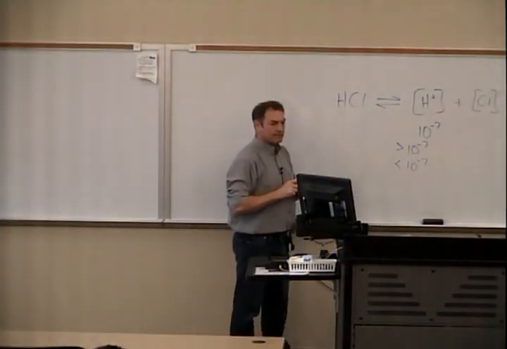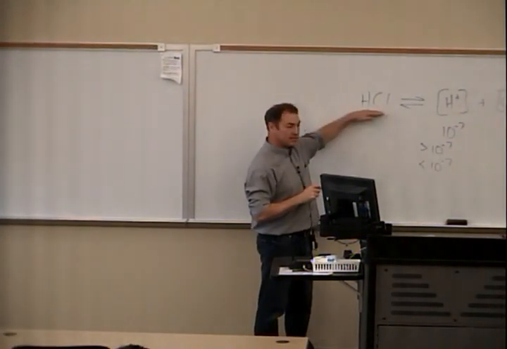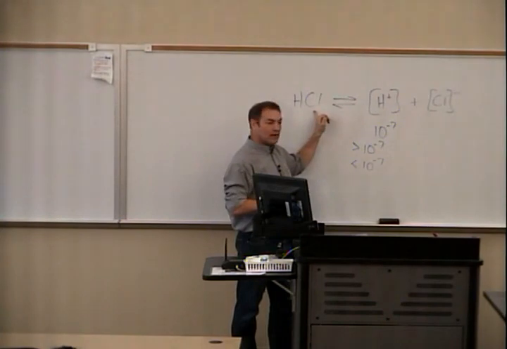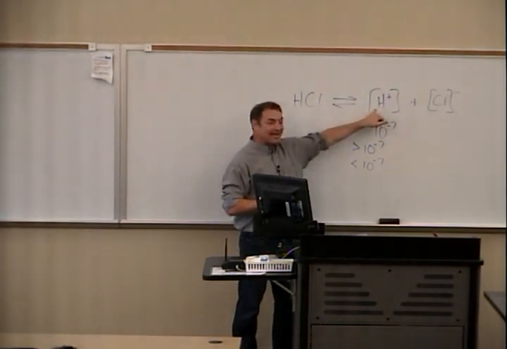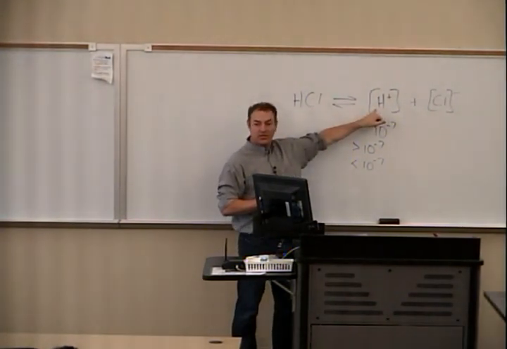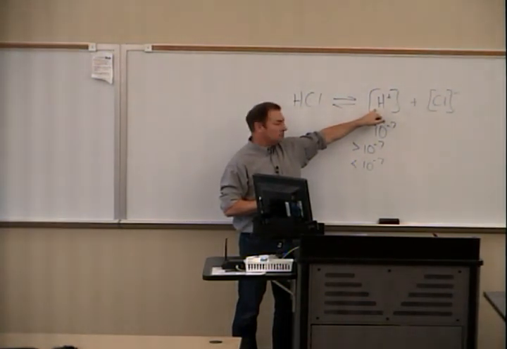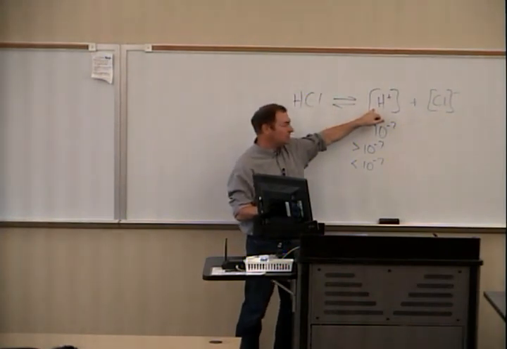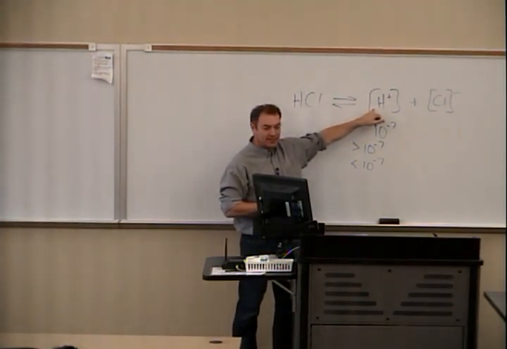Okay? Good. This splits up to form hydrogen ions and chloride ions. By dissolving hydrogen chloride gas into pure water, we've just added a whole bunch of hydrogen ions, right? So now we've turned that pure water into an acid because we've increased the hydrogen ion concentration. And the substance we've formed is hydrochloric acid.